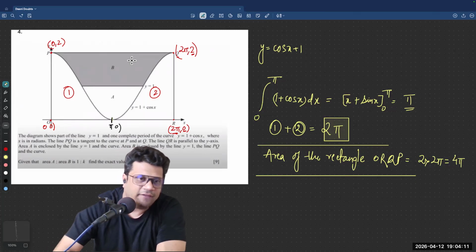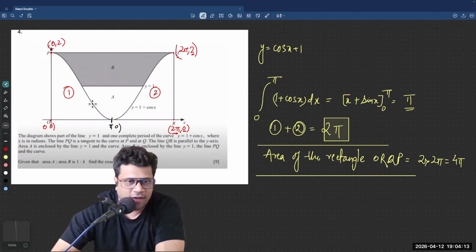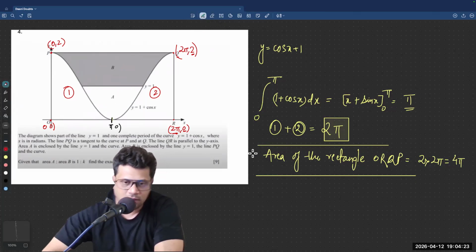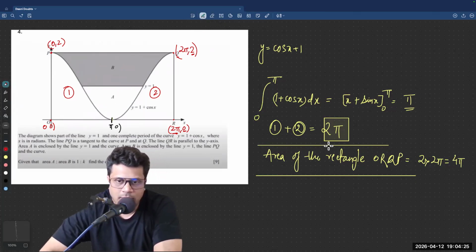So once I have area 1 and 2 and the area of the rectangle there, I can find out the area of this thing. And it is the rectangle minus those two added.